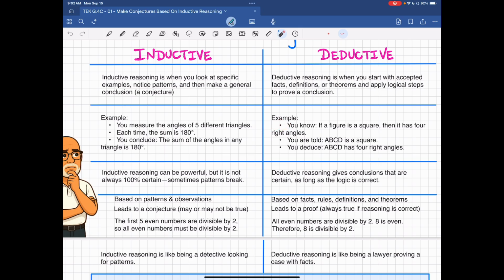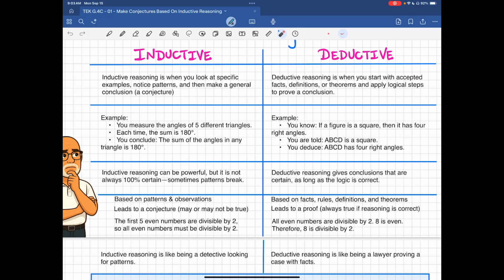You are told that quadrilateral ABCD is a square, then you can deduce, or you can logically think through that because it's a square and because you know that a square has 4 right angles, this particular square ABCD has to have 4 right angles. Do you see the difference between the inductive example and the deductive example?